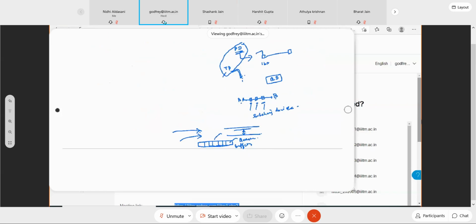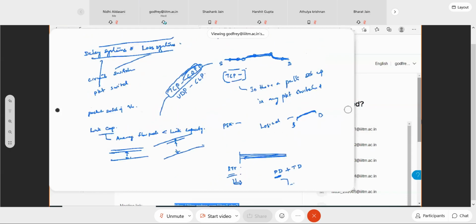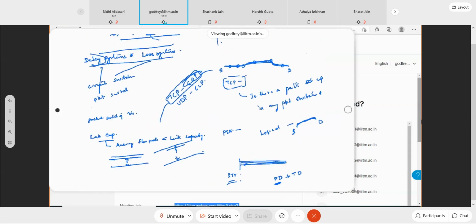So if you're buffering, this data is going to wait in the buffer, right? Maybe you transmit from A to B, and at every intermediate node, if the data has to wait, then it's going to take a long time. That's why you call this kind of system a delay system.